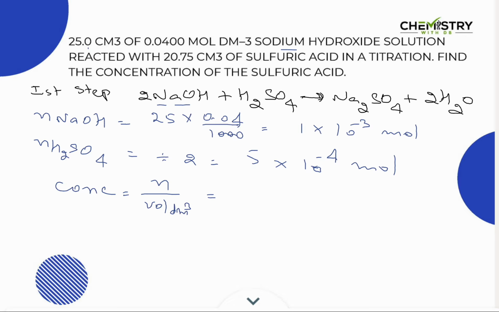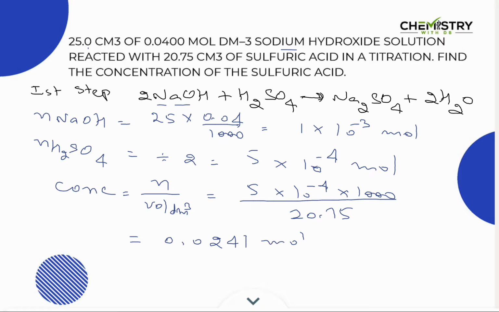So therefore what we are going to do is taking the number of moles of sulfuric acid, 5 times 10 to power minus 4 times 1000, because volume is dm cube, and divided by 20.75, and that gives us the answer as 0.0241 moles dm minus 3. So as three significant figures, it will be 2.41 times 10 to power minus 2 moles dm minus 3.